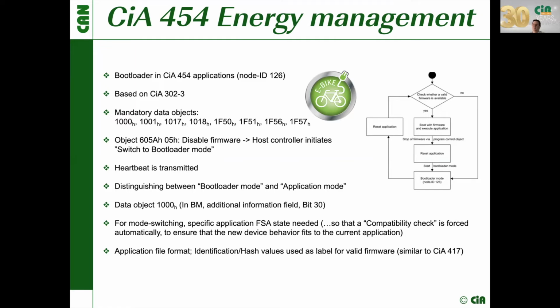It differs a bit in the authentication mechanism. So for the password protection, we have an object 6005A, and here we can differentiate between several user levels, which user is allowed to do what. So the end user, the system owner, the manufacturer, and so on.